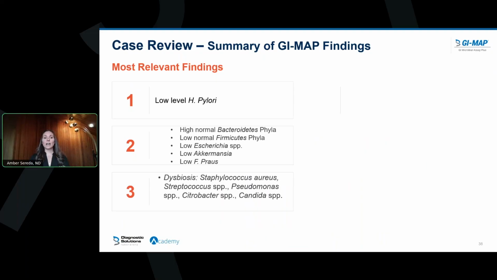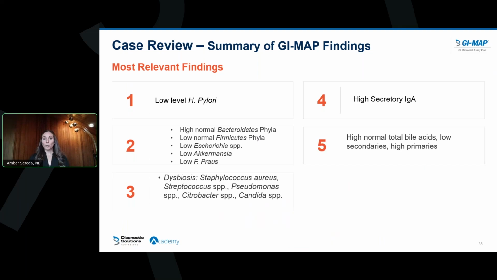For dysbiosis, we had that staph and strep, likely secondary to weak digestion, low stomach acid. We had a little bit of Pseudomonas species and Citrobacter and our candida, and that high secretory IgA, again likely in response to the dysbiosis, the candida, potentially barrier dysfunction, and maybe some food reactions as a result.